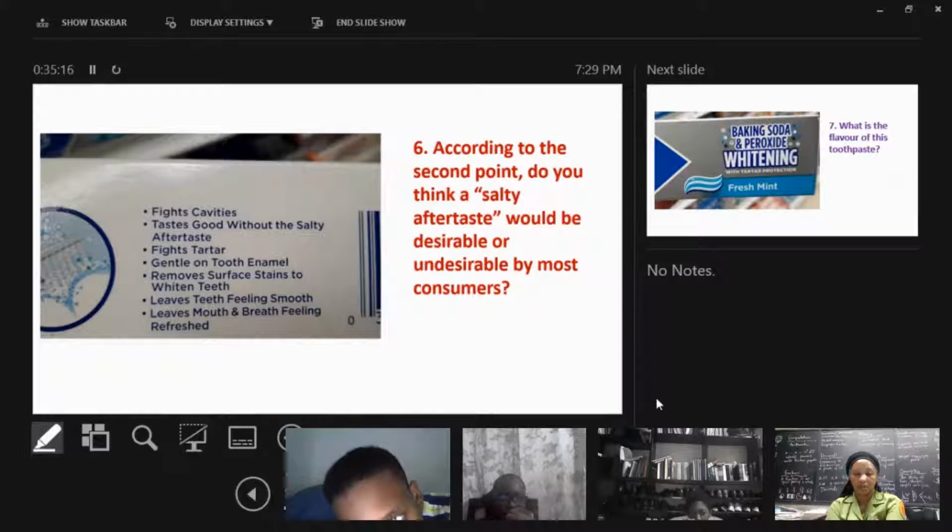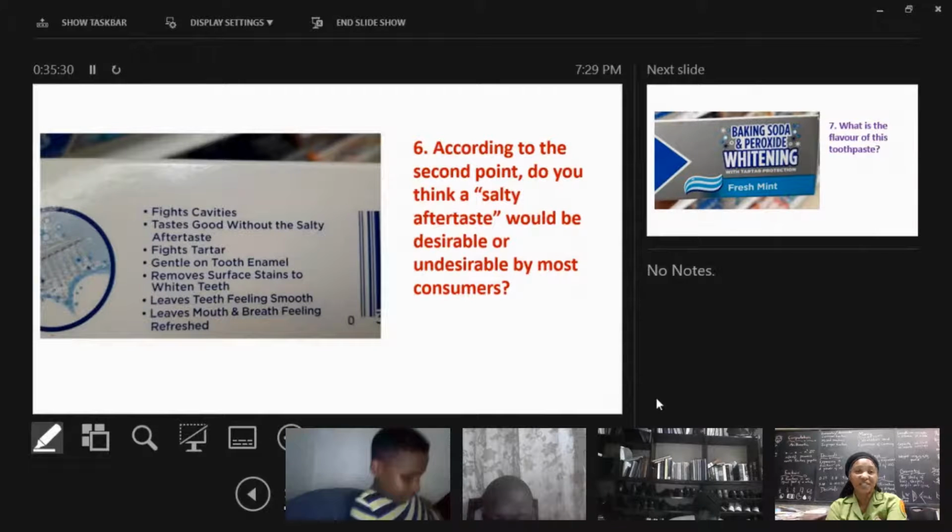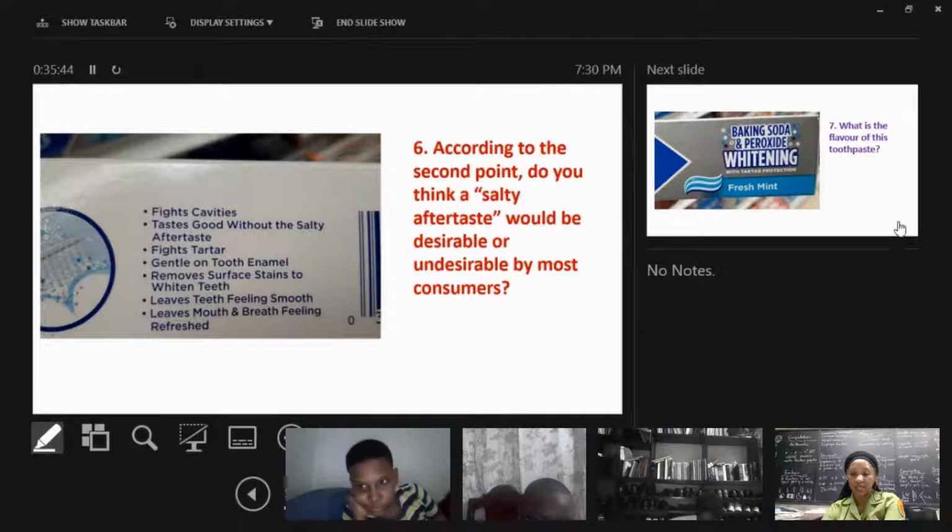I agree with this. All right. So clearly, the manufacturer is saying, hey, we know that most persons would not want it, so they specify it doesn't have the salty aftertaste. So they're saying our toothpaste does not do this, right? So from that, we can conclude that most persons then would not want it, or it is the opinion of the manufacturer that most persons would not want this.